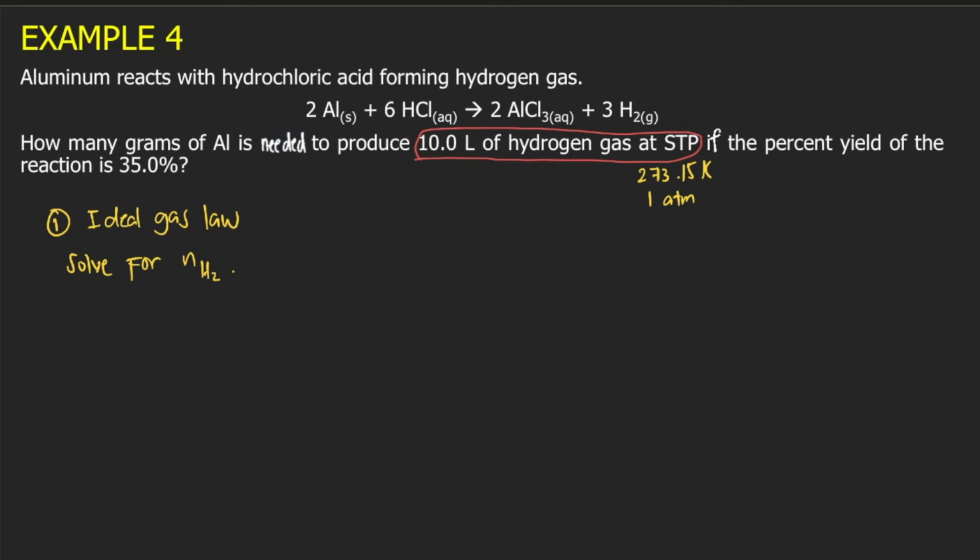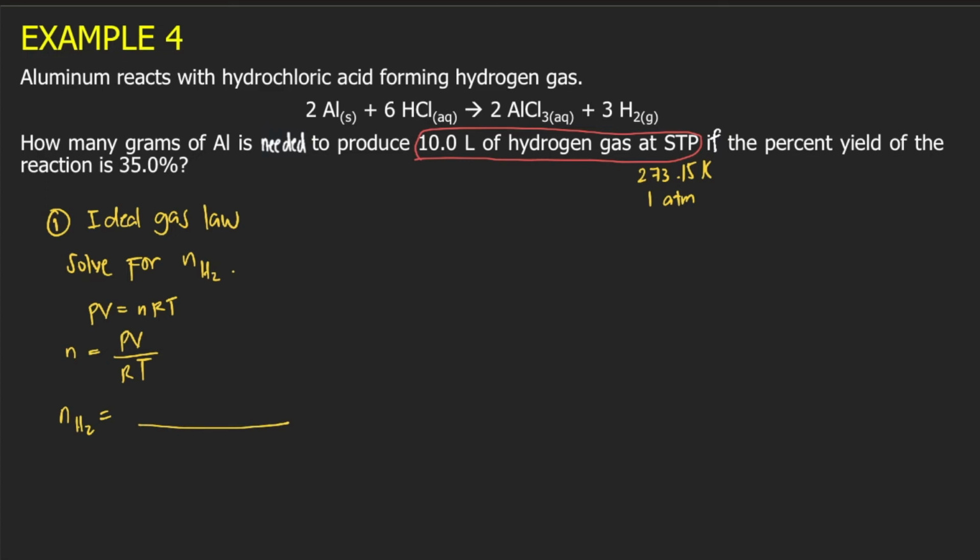So when you rearrange the ideal gas equation, PV equals nRT, if you solve for n, the equation becomes n is equal to PV over RT. So let's solve for the moles of H2.